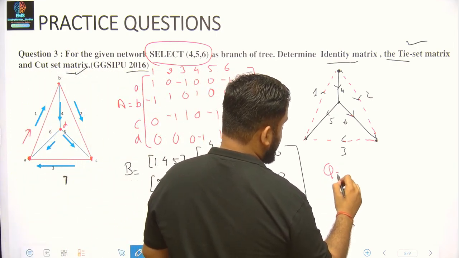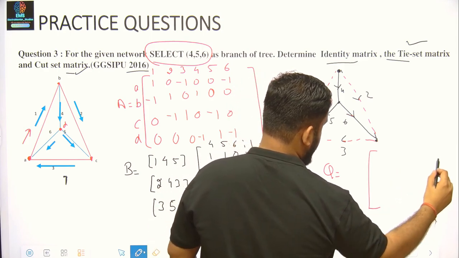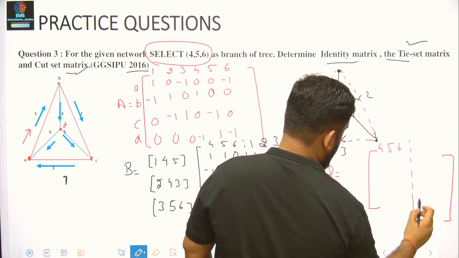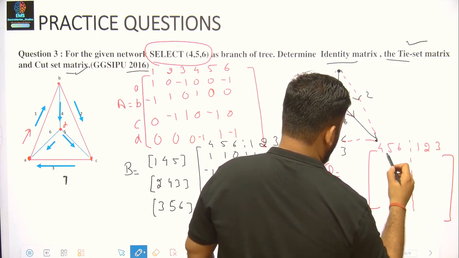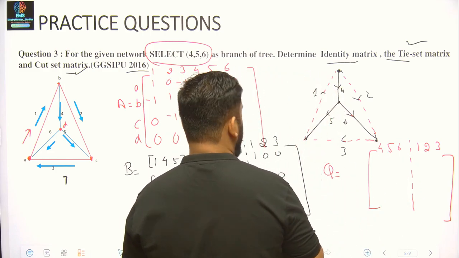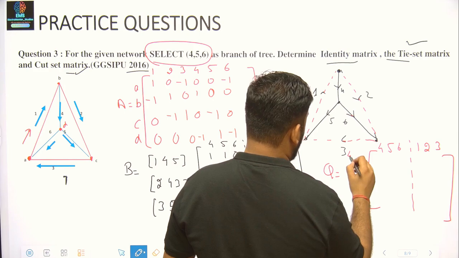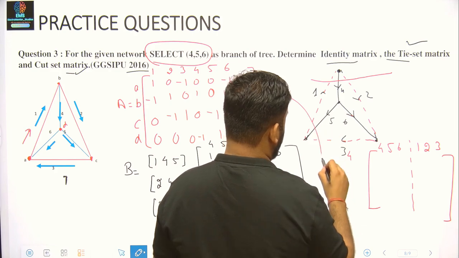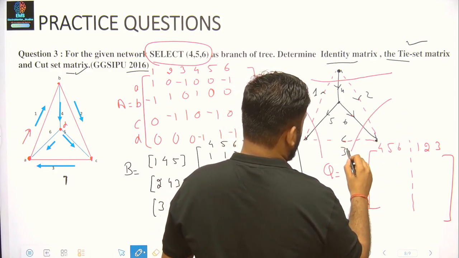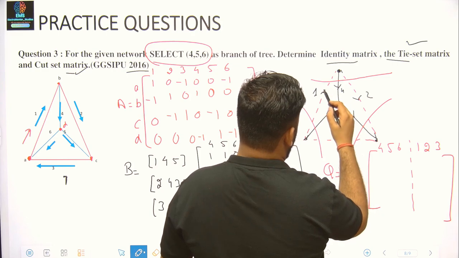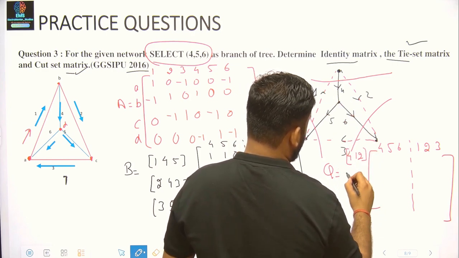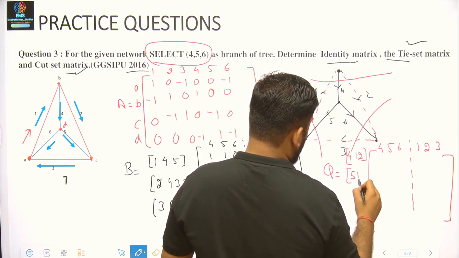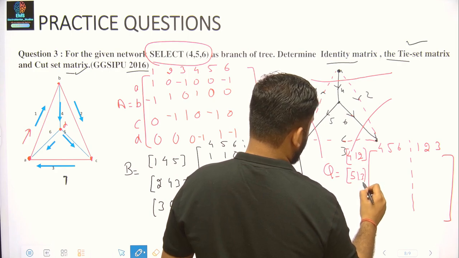Let's go with the cut-set matrix quickly. The cut-set matrix Q will be determined by the number of twigs we have. So 4, 5, 6. So this is the first cut set, second cut set, and third cut set. The first cut set would be 4, 1, 2. Then it would be 5, 1, and 3.